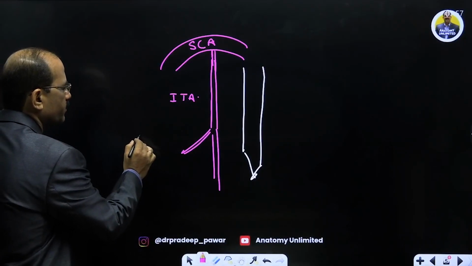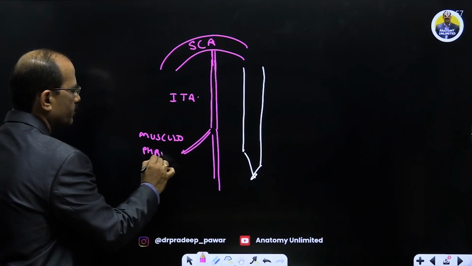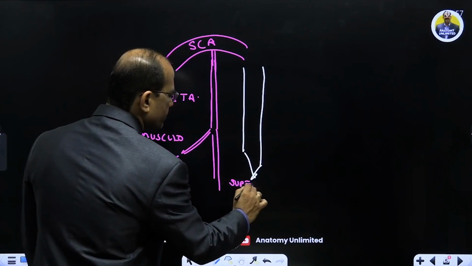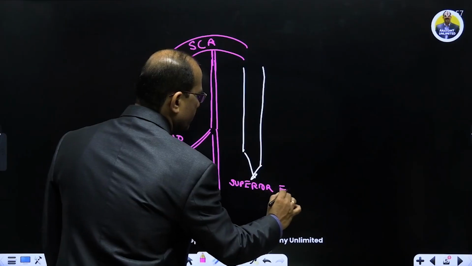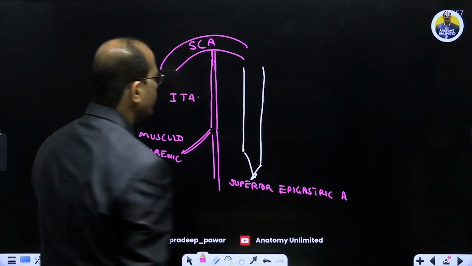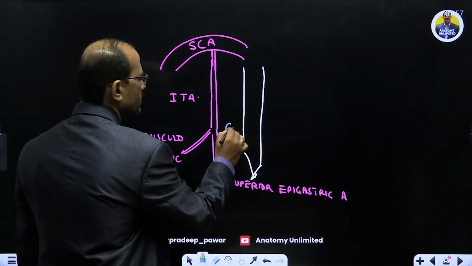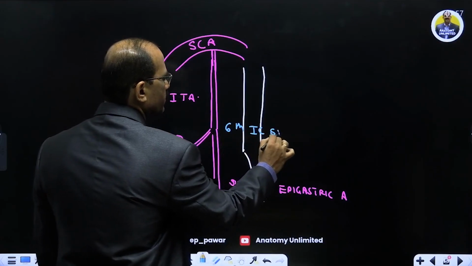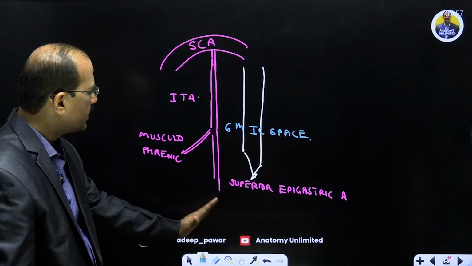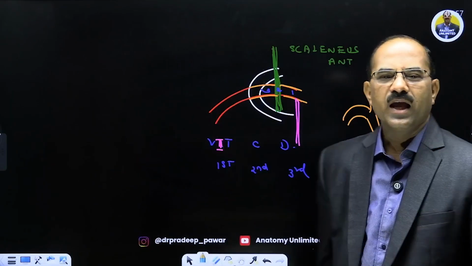This is the musculophrenic and this is the superior epigastric artery. So the internal thoracic artery at the sixth intercostal space divides into a superior epigastric and a musculophrenic artery. Fine, perfect students. Everything is clear to all of you.